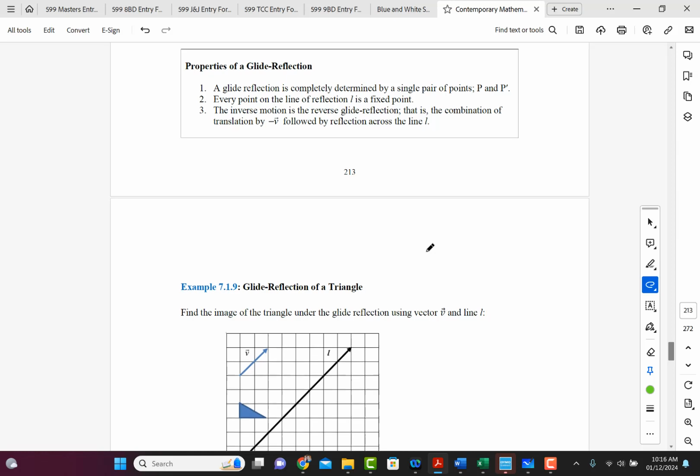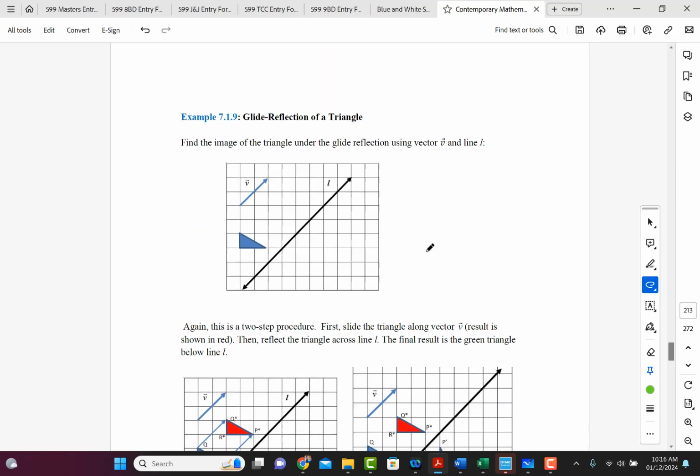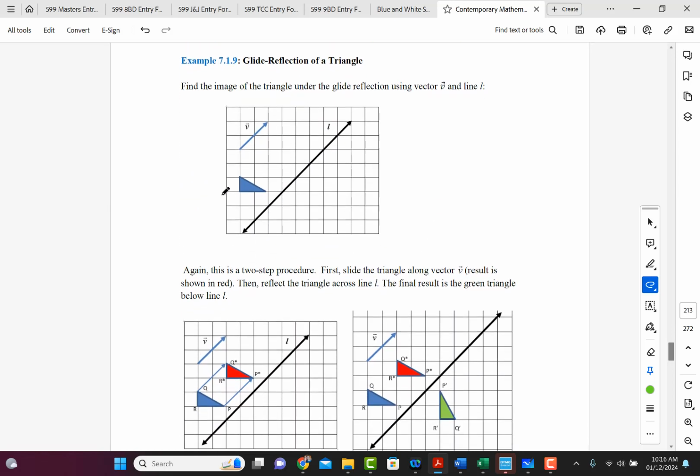Okay, so now if we look at this example here, we've got this triangle, and we've got this vector V, and we've got this axis of reflection L. Okay, so we first are going to do the translation. So we're going to move the vertices.